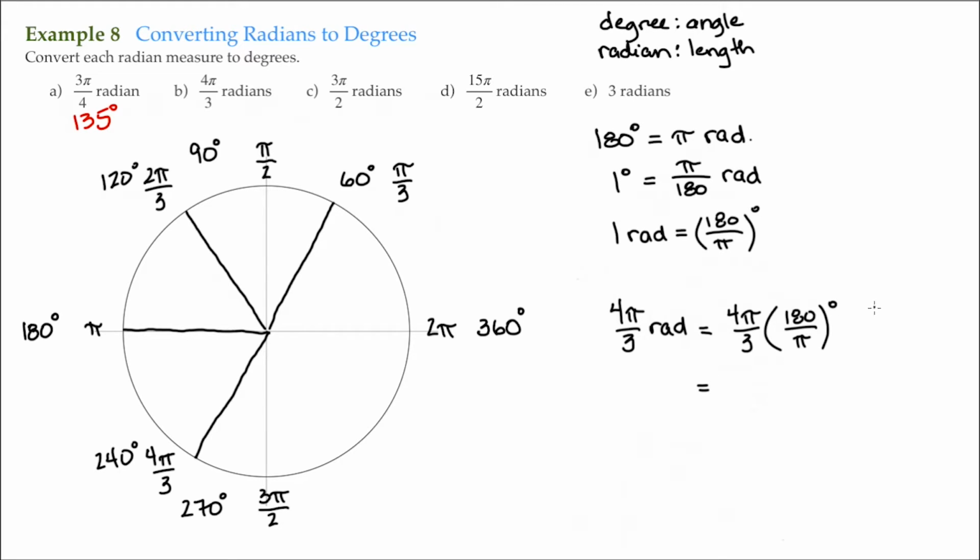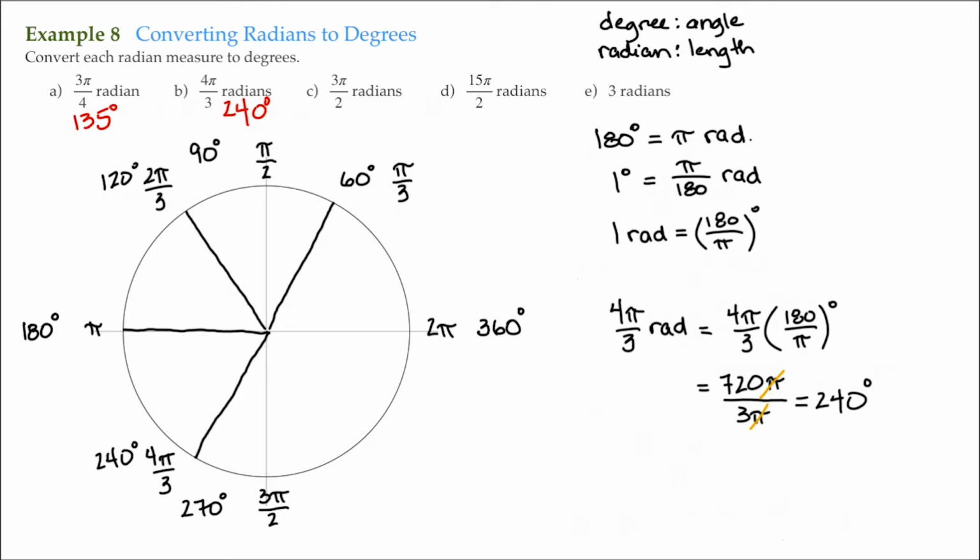Four times 180, that's 720 pi. 3 times pi, that's 3 pi. Again, common factors will cancel each other. 720 divided by 3, that's 240 degrees. And there you go. So this is 240 degrees.